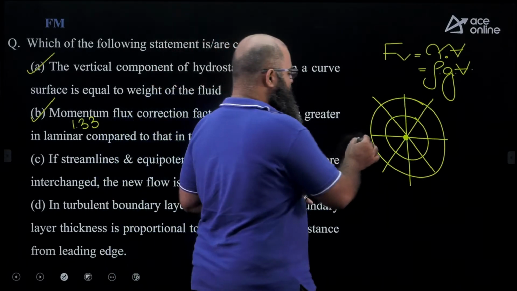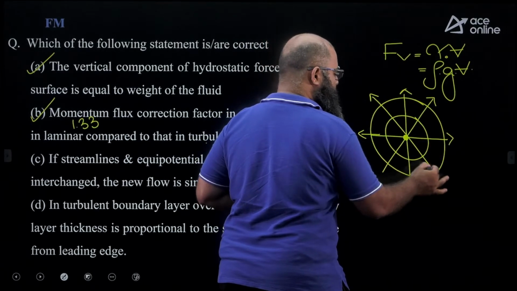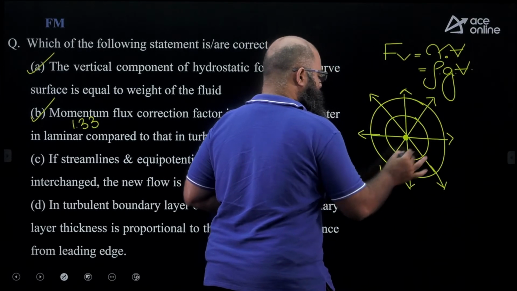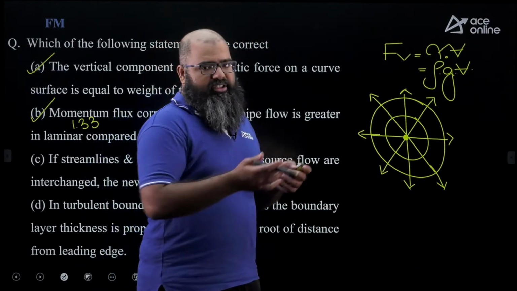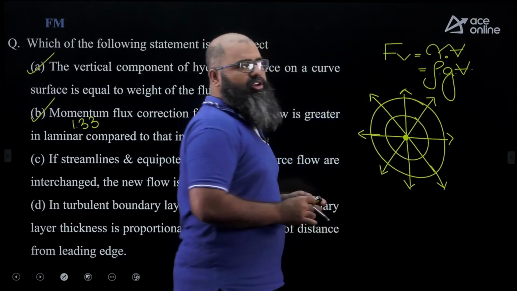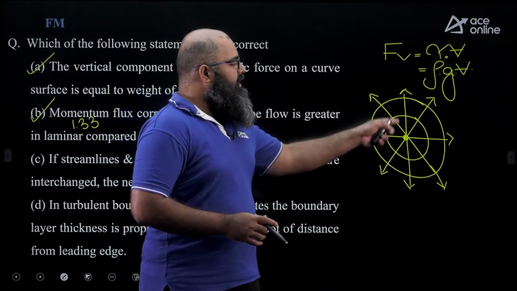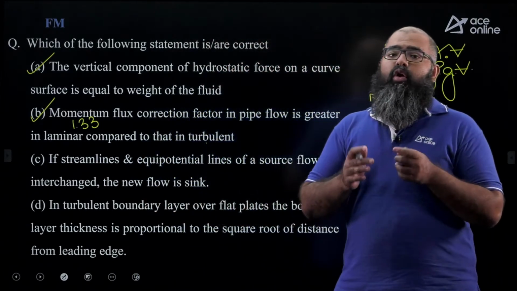So let us say this is the source flow we have, and the circles over here are equipotential lines. Now, if we interchange, that means the circles over here become streamlines, and the radial lines coming out become equipotential lines. Then what flow is it? It is going to be a case of vortex flow.